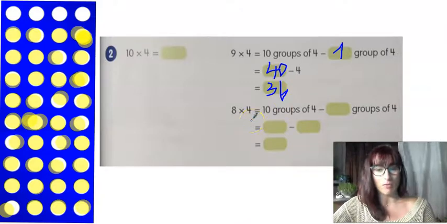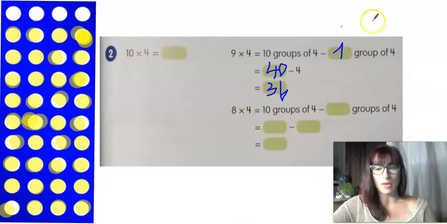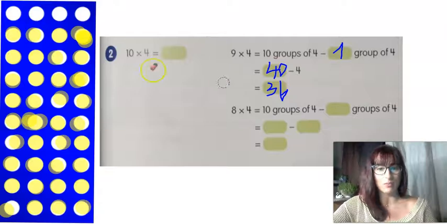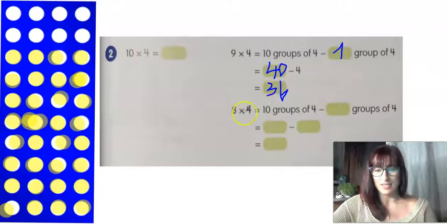Now 8 multiplied by 4, that would have to mean that I would have to take away, right? Because 8 multiplied by 4, I have 2 extra here. So let's see if we can do that. 10 groups of 4, again, we're going to use that best friend in this problem, minus, since it's only 8 multiplied by 4 they're asking us to solve, I have to take 2 groups of 4 away, so those will be extra.